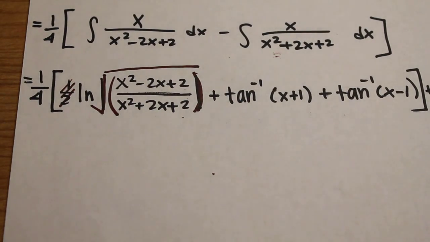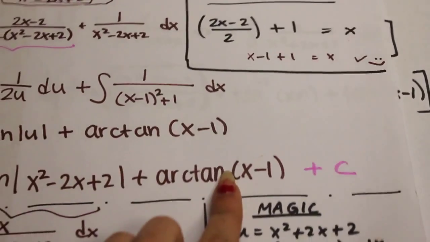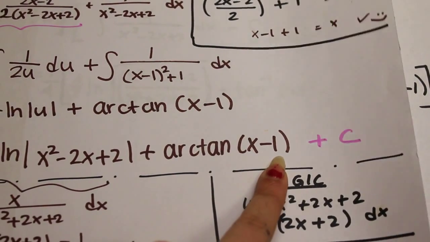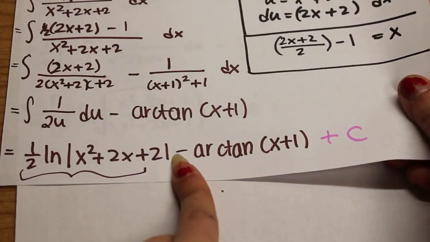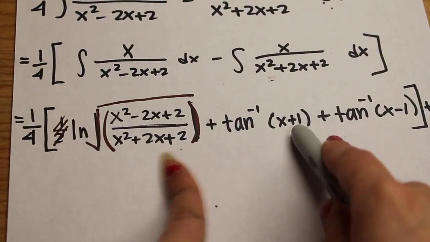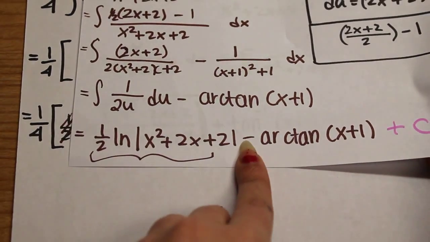So that's what happened there. And then here we have arctan of x minus 1, and then we're subtracting the second one, which is minus arctan of x plus 1, so it actually comes out to arctan of x plus 1 plus, because of the subtraction here and the subtraction here.